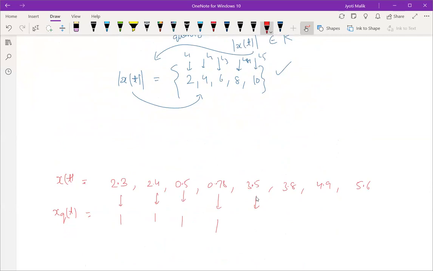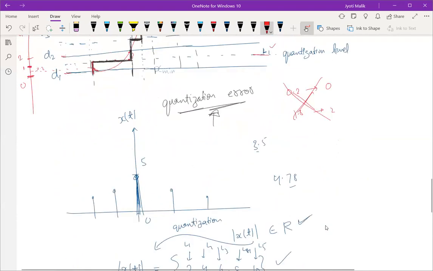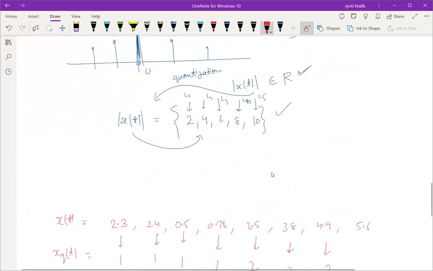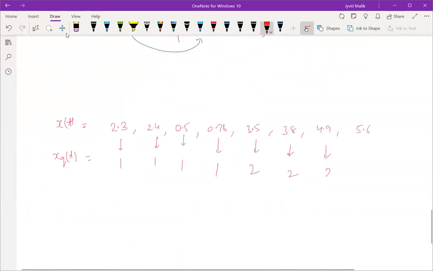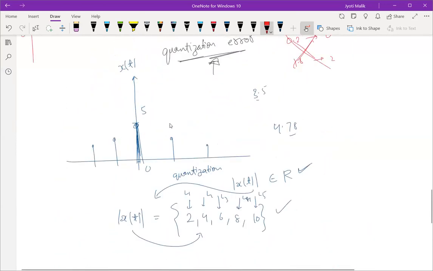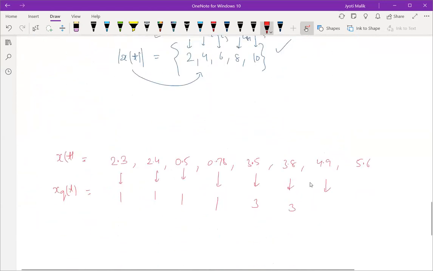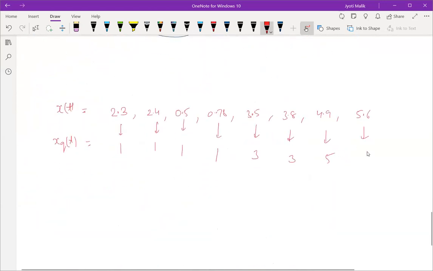This will be 2, taken as 2 or 3. 2 to 4 was taken as 3. Sorry, 3. 2 to 4 is 3. 4 to 6 was 5.